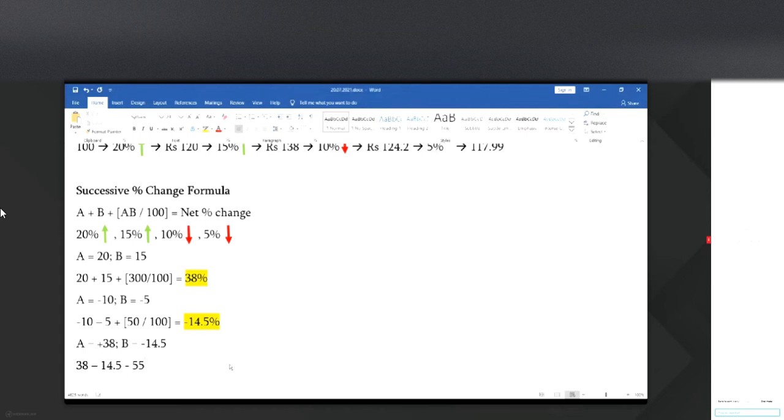This will give me 551 divided by 100. So all you have to do is 38 minus 14.5 minus 5.51. So this will give me 38 minus 20.01, which is actually 17.99 percentage.